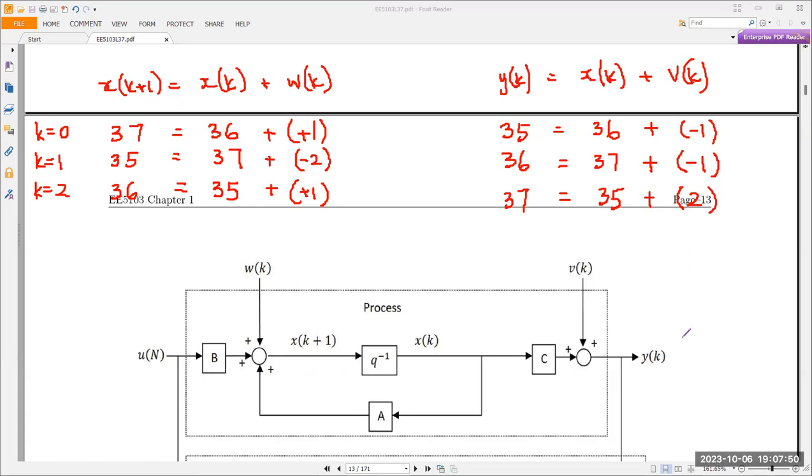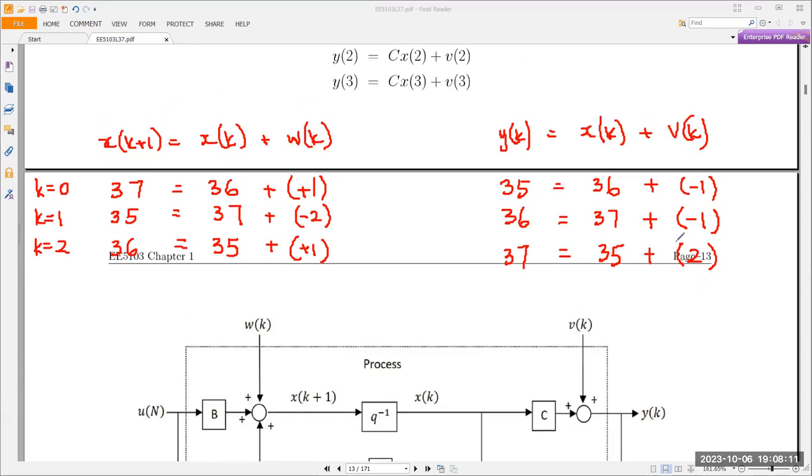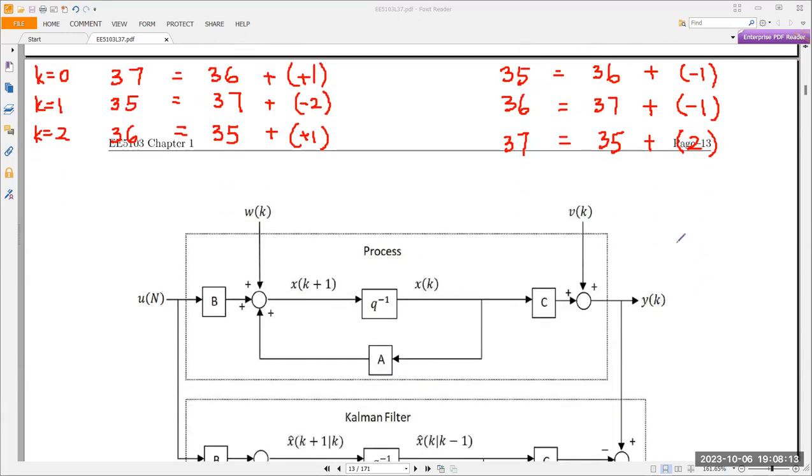But we model this as a Gaussian independent variable with zero mean. So let's take these three numbers. You draw the noise V like that.